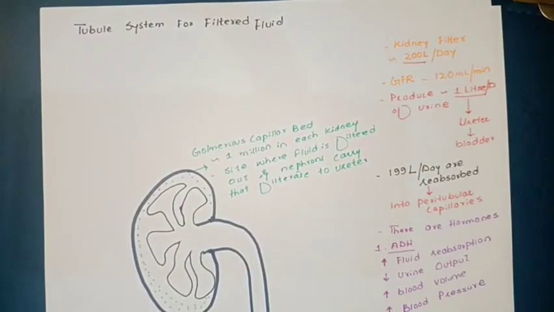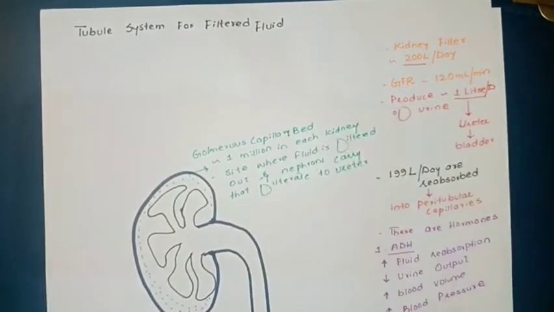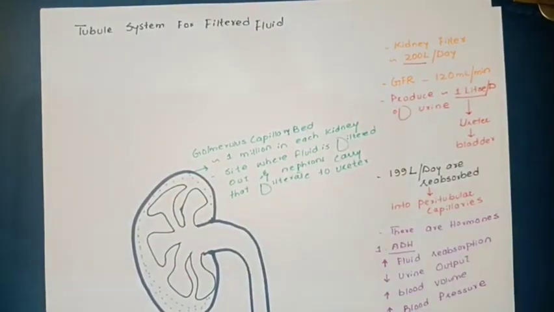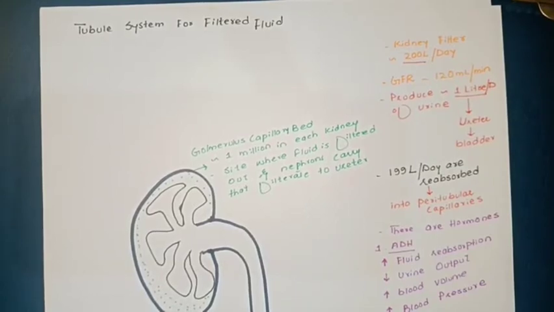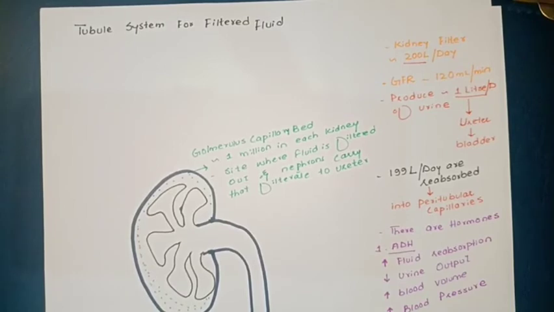The glomerulus capillary beds are 1 million in each kidney, and these are the sites where the fluid is filtered out, and the nephrons carry that filtrate to the ureter.